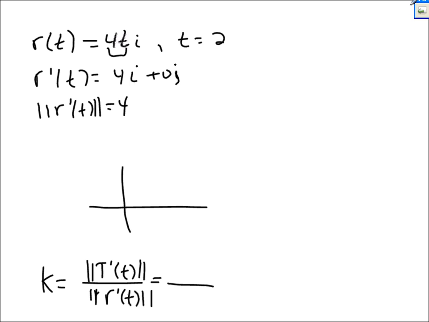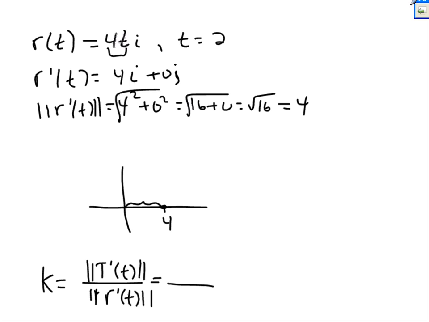You go out 4 in the i direction, and you go 0 in the j direction. That brings you right here. The length is 4. You do 4 squared plus 0 squared, get 16 plus 0, square root of that. 16 plus 0 is 16. Square root of 16 is 4. Fine. You got it. The length of r prime of t is 4.